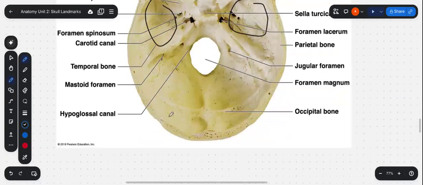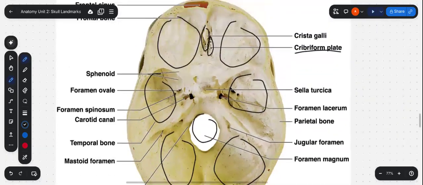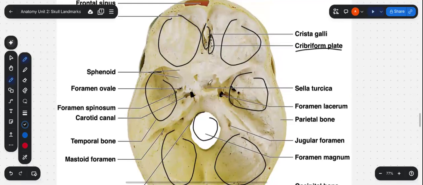And then finally, the posterior cranial fossa is going to be this indent on both right and left. Again, you have your foramen magnum, which is the hole in the center. You have your sella turcica, which is this little indent over here.